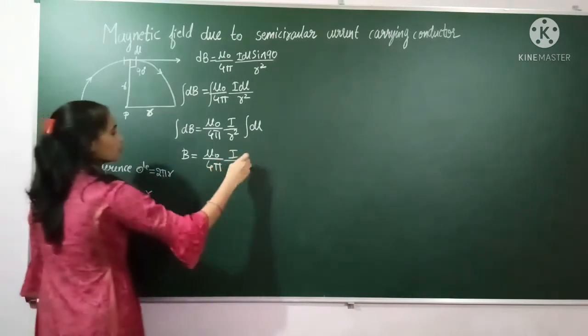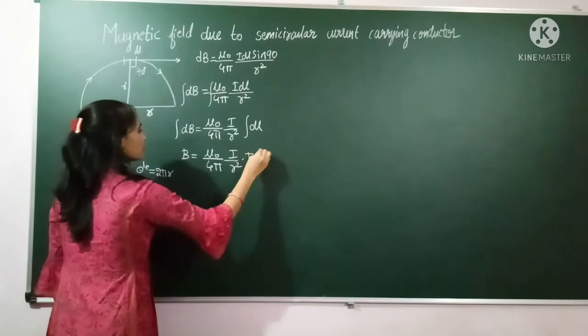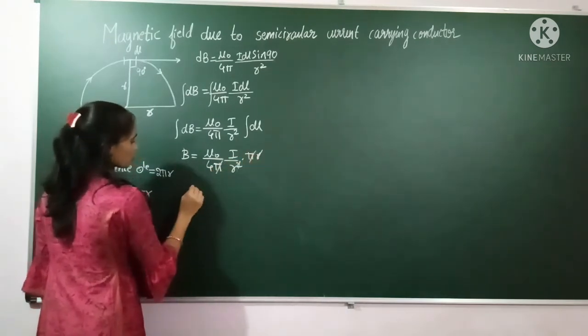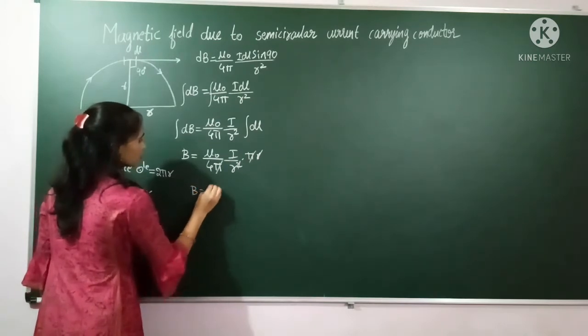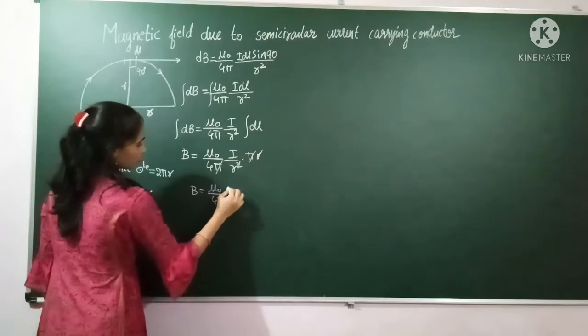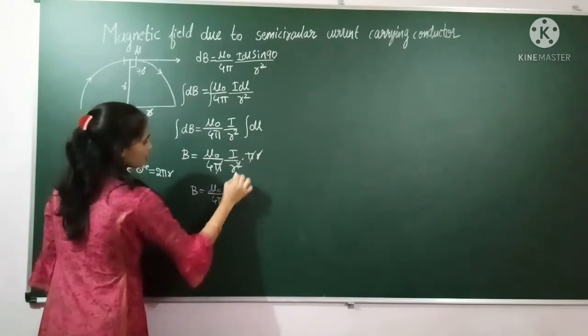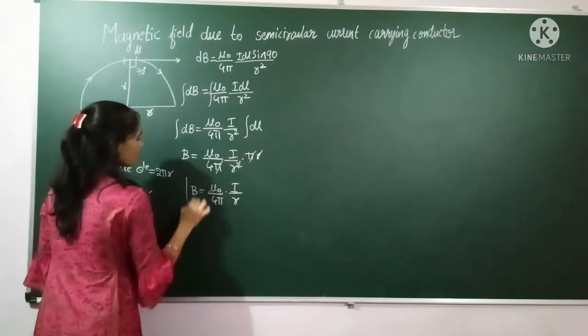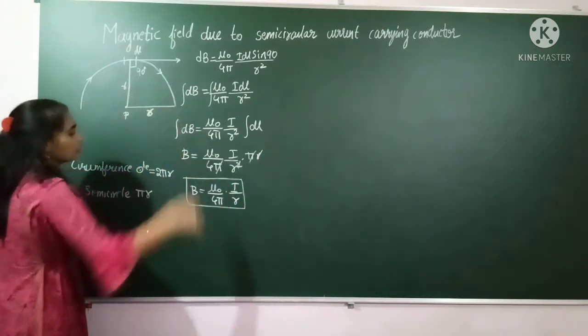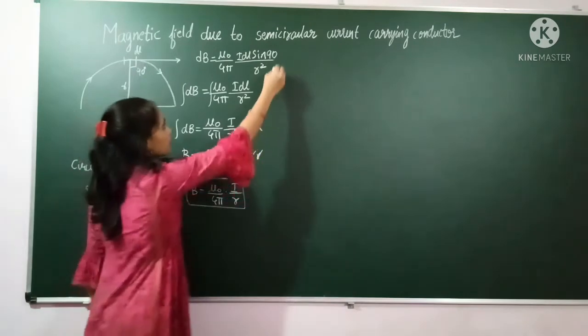So the integral of dl is pi r. Pi cancels with pi, and one r cancels. What remains is B equals mu naught I divided by 4 r. This is the magnetic field for the semicircle.